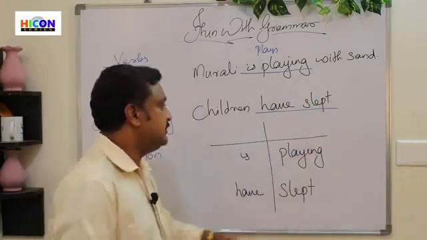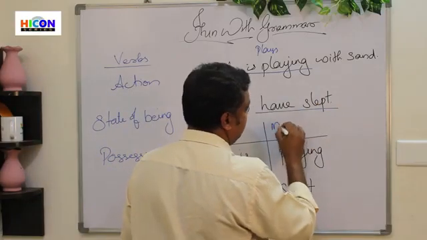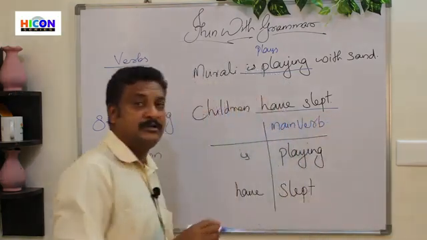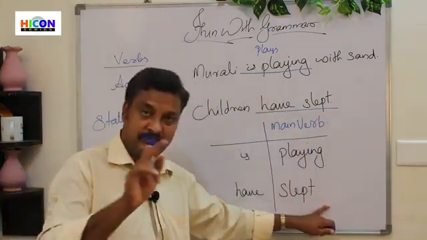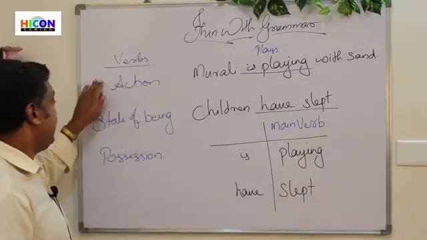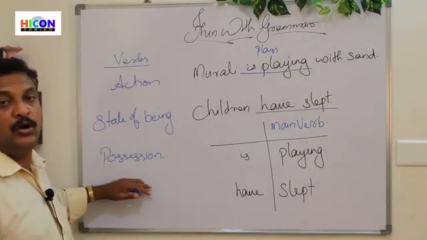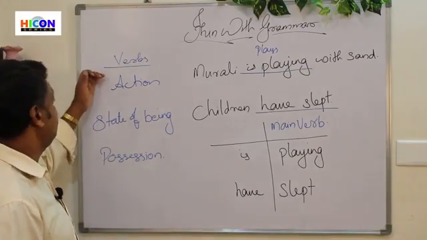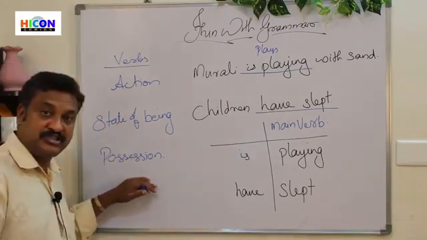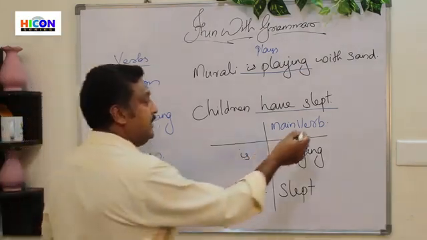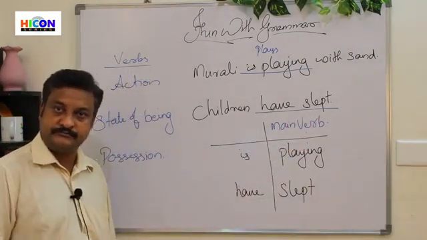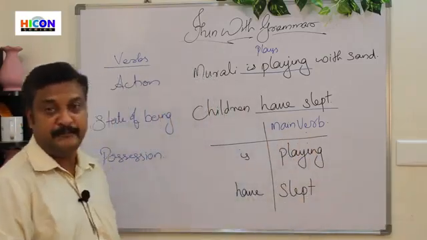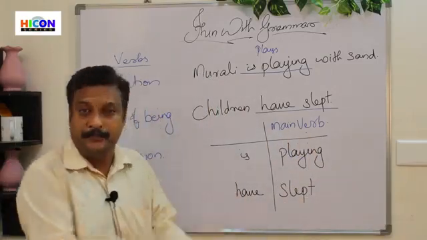Now, these words are known as main verbs. So, what is a main verb? A main verb is a word that shows an action, a state of being, or possession. An action, a state of being, or possession is expressed by a main verb. So, when the main verb has to complete its meaning, some other words help it.